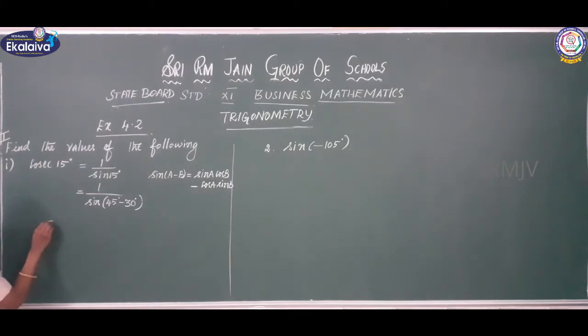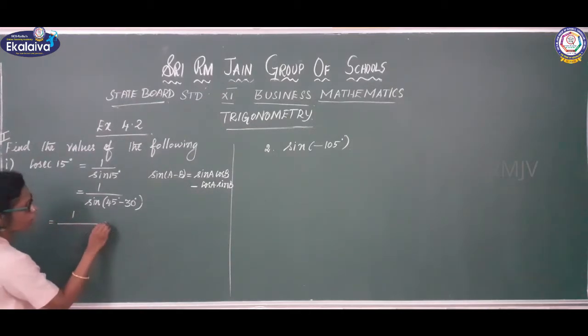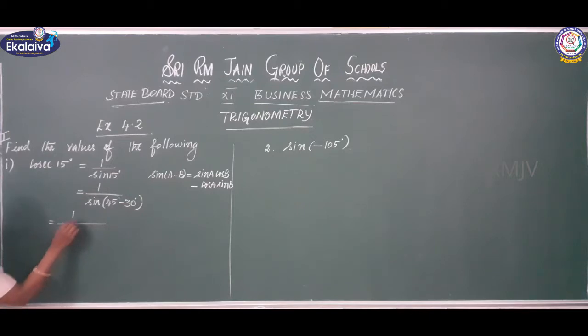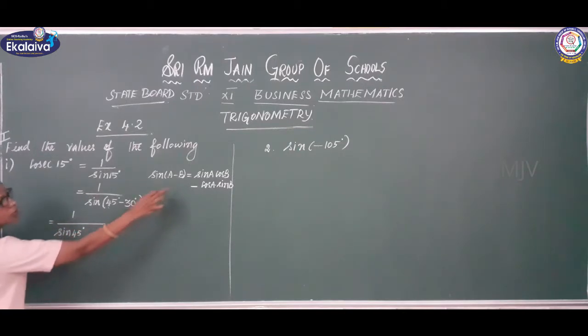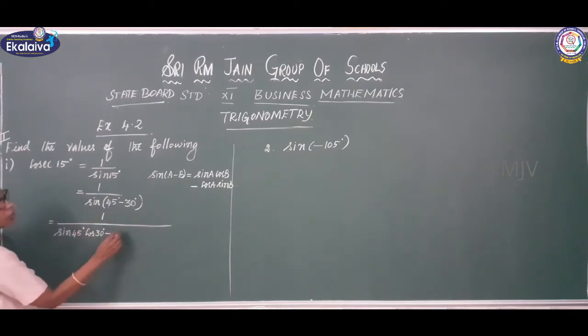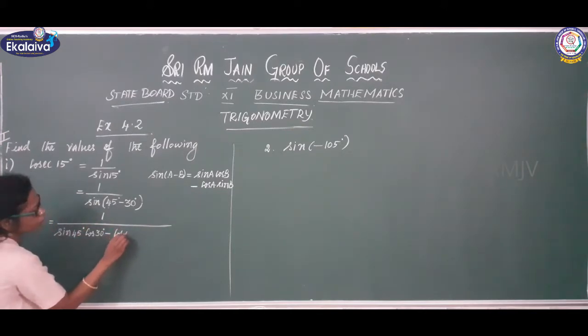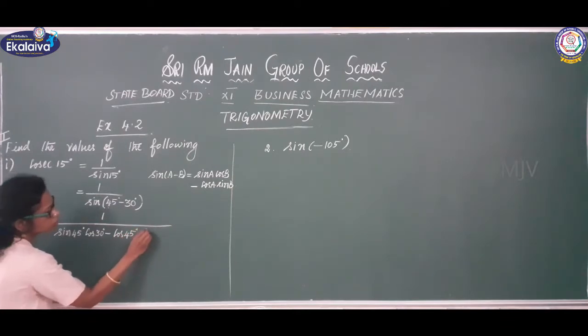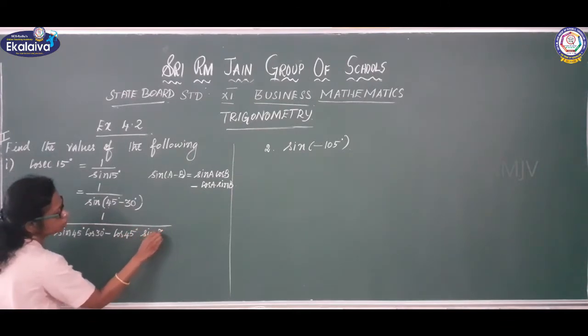Now, this is equal to 1 divided by sin A cos B minus cos A sin B. A is 45 degree, B is 30: sin 45 degree cos 30 degree minus cos 45 degree sin 30 degree.